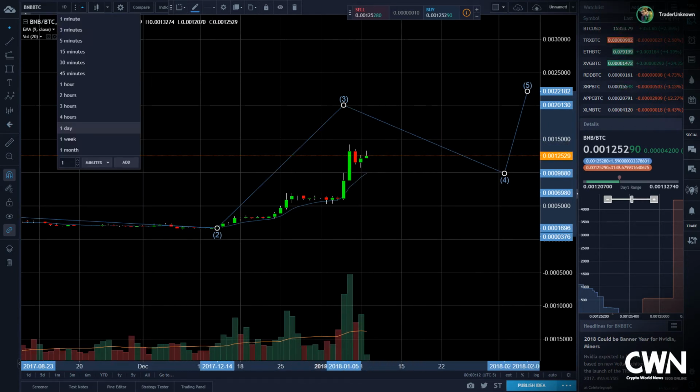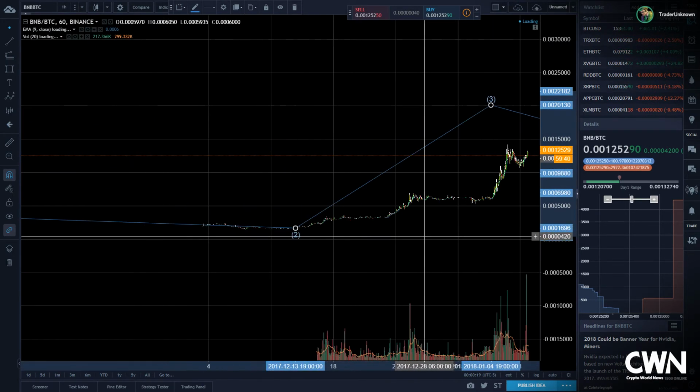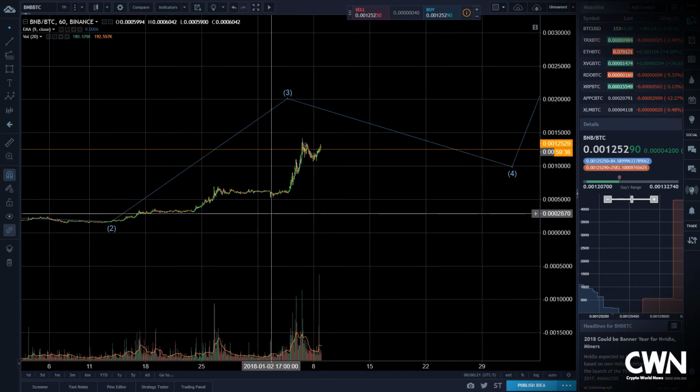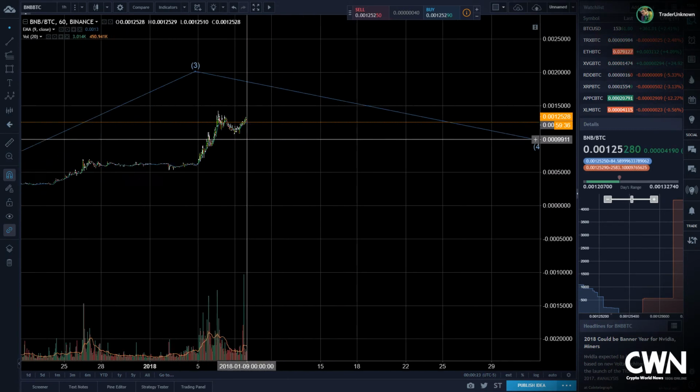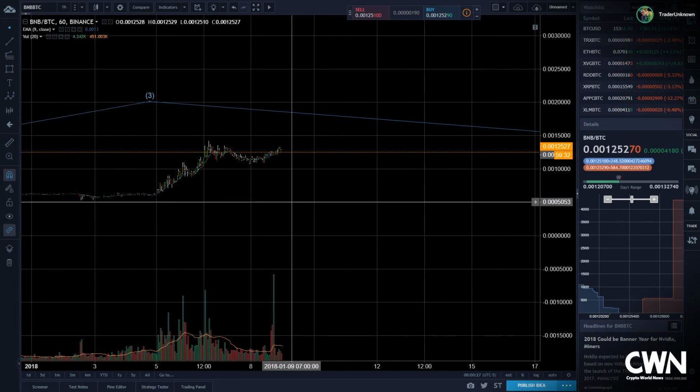I don't know why I thought this could extend. Let me see if I can zoom in and see why. I know I did earlier, but I'm not seeing it now. I guess simply because of this volume spike. That must be the reason.